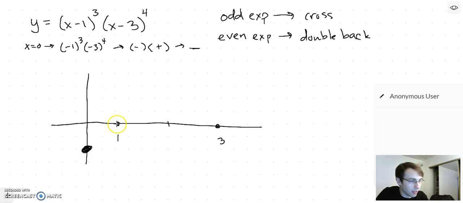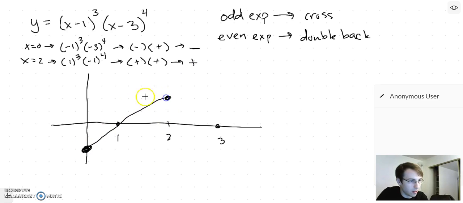Let's plug in something to the right of 1. Let's plug in 2. When x equals 2, we have 1 cubed, then negative 1 to the fourth. Now 1 cubed is positive, and negative 1 to the fourth is also positive, so we're at positive. So we're going through here.